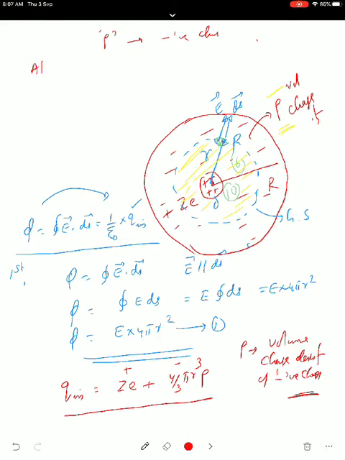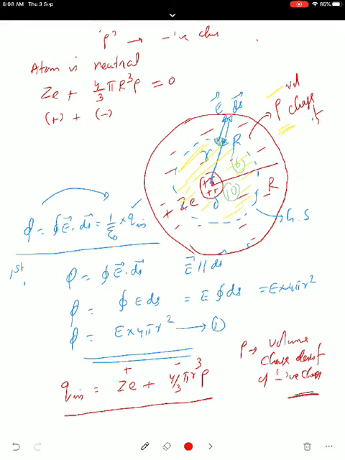That means the positive charge, Ze, plus the total negative charge, 4/3 pi capital R cube into rho. Why are we writing capital R cube? Because the negative charge is spread throughout the entire volume of the atom of radius capital R. So 4/3 pi R cube rho plus Ze is equal to 0. The sum of the positive charge and negative charge is equal to 0.